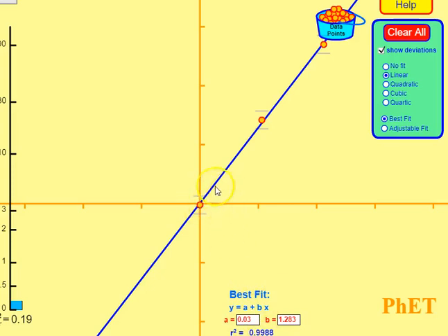So for all practical purposes, I can consider this equation to be a straight line passing through the origin. When the intercept is very, very small and very close to 0, then we can, for all practical purposes, consider this line of best fit to be a straight line passing through the origin.